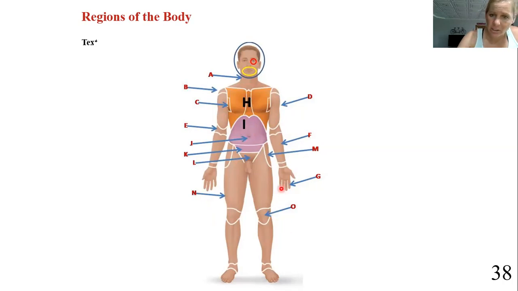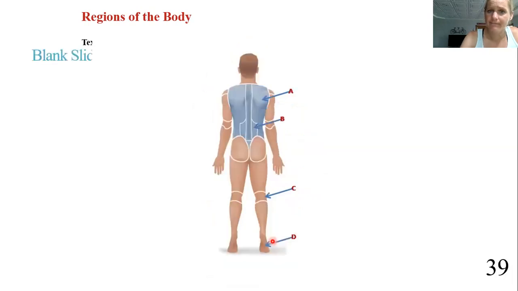And O is patellar, like your knee area. When we look at the back side here, A, you can see, is on his shoulder blade, which is known as the scapula. B, in this particular area, is our lumbar region. Those are two examples there.